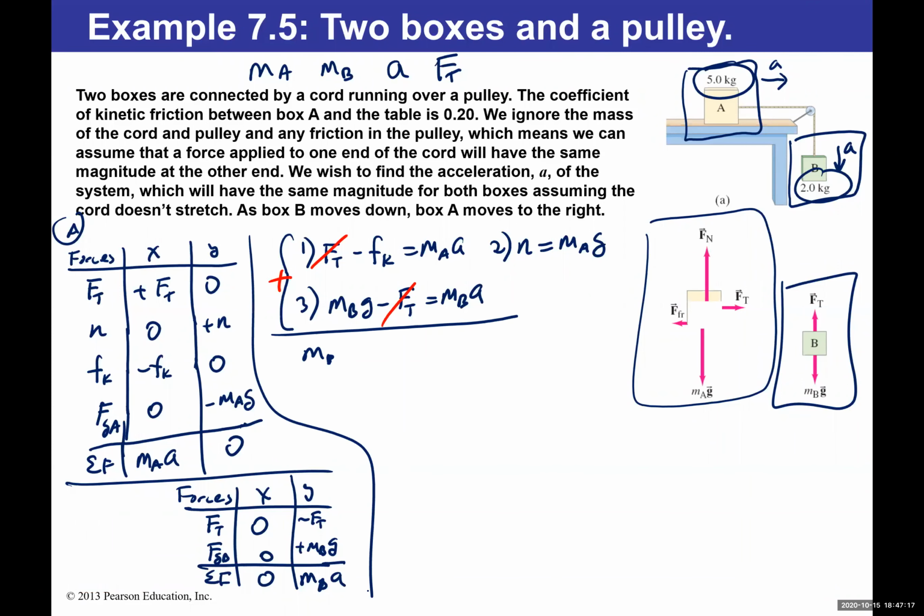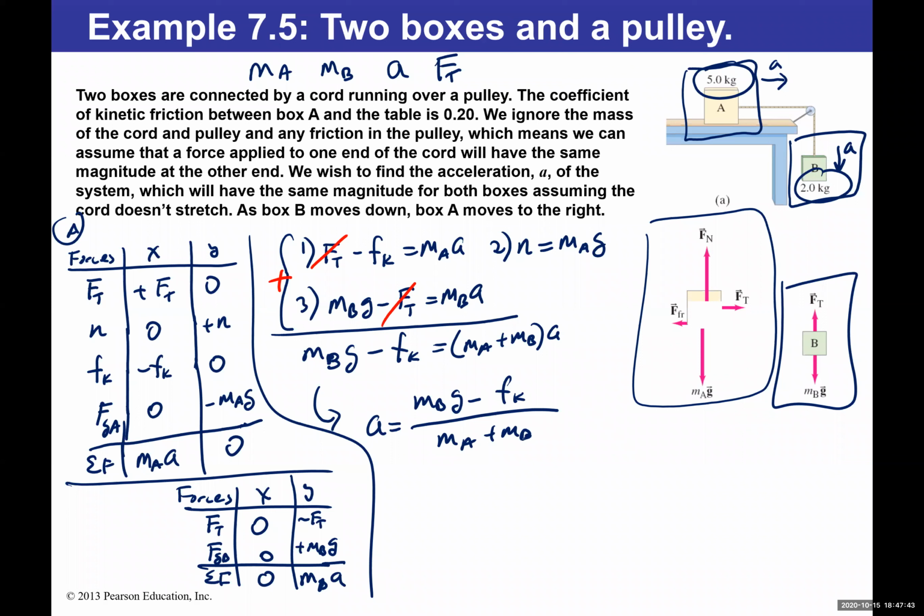MBG minus F of K equals MA times acceleration plus MB times acceleration, so it becomes MA plus MB times acceleration. And then I can use this equation to find the acceleration expression, which will be MBG minus kinetic friction divided by MA plus MB.